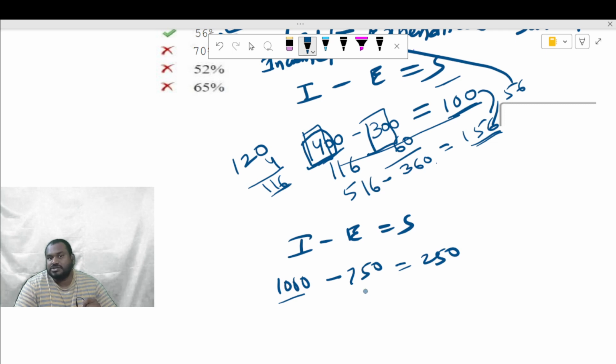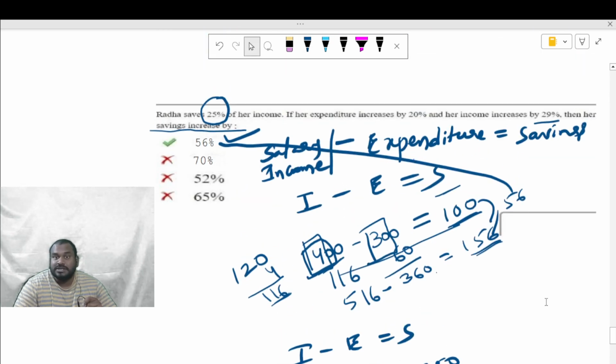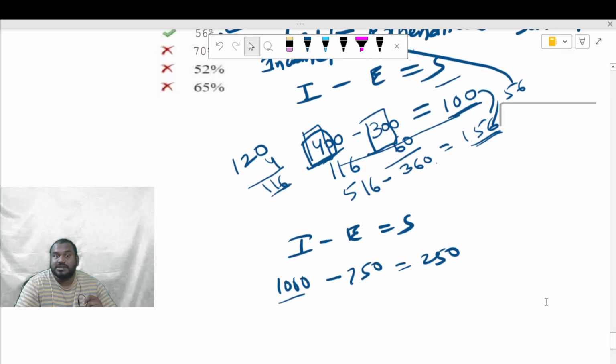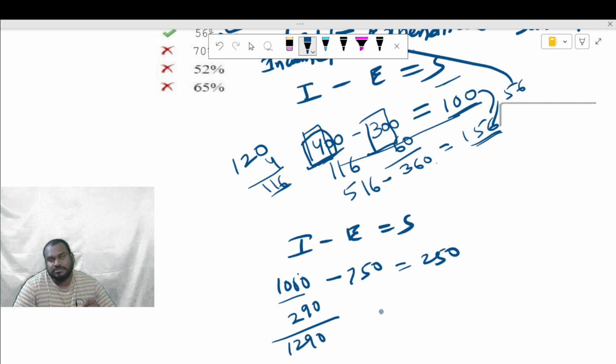If you assume like this, what is it? Income is increased by 29%. So in 1000, what is 30%? 300. 300 minus 10, 290. So 1290. What about expenditure?